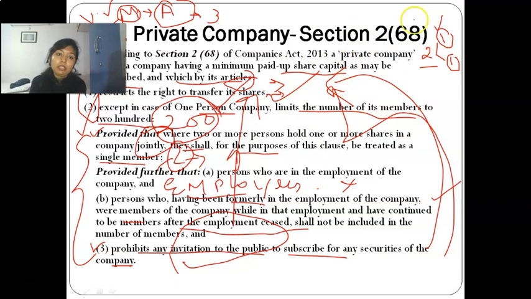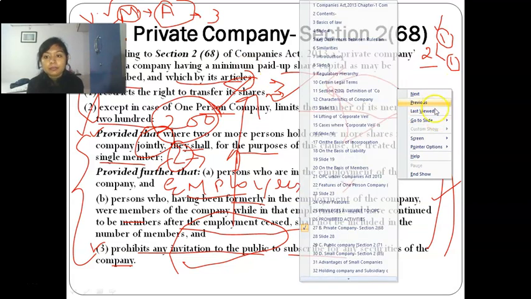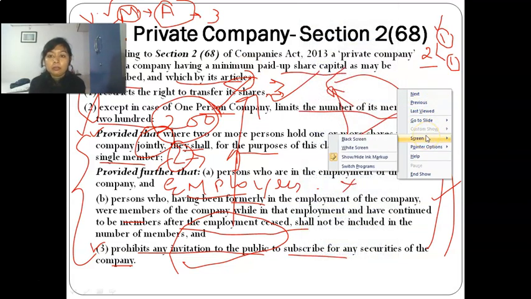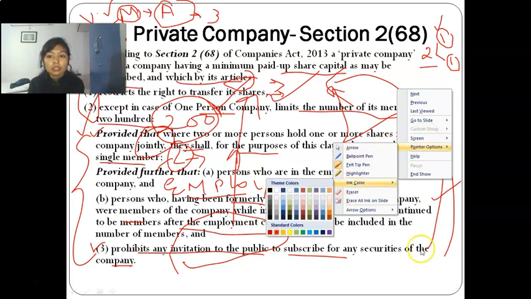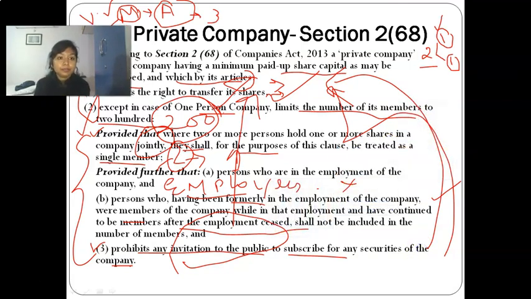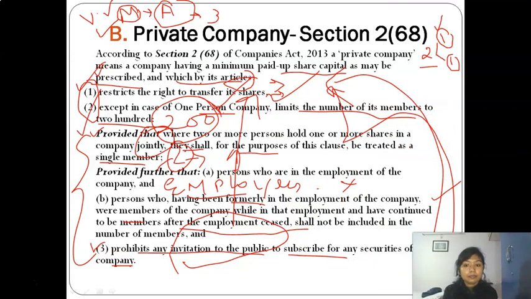Okay, let me clear this. You can note this if you want. It's not that proper, but you can. By pausing the video, I'm erasing this. Take the screenshot once again. I hope you have taken it.